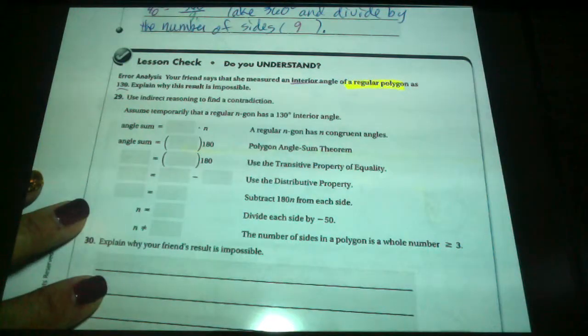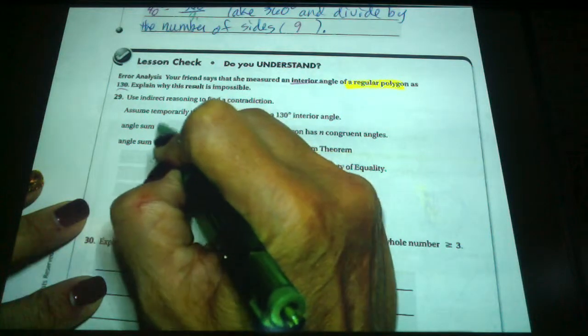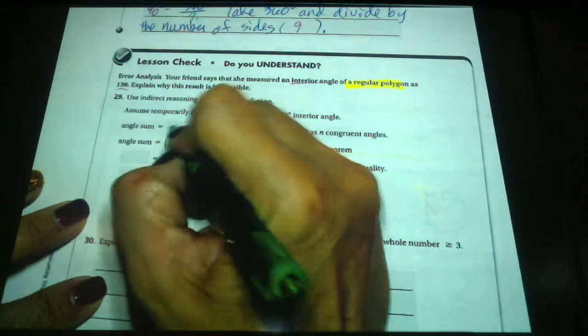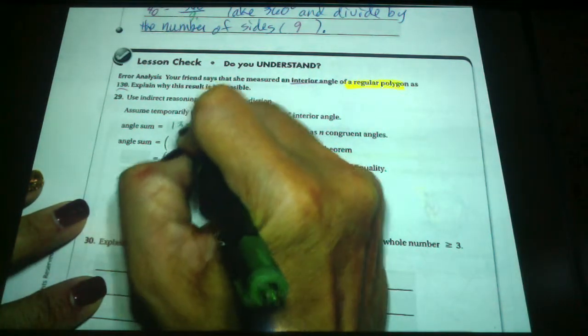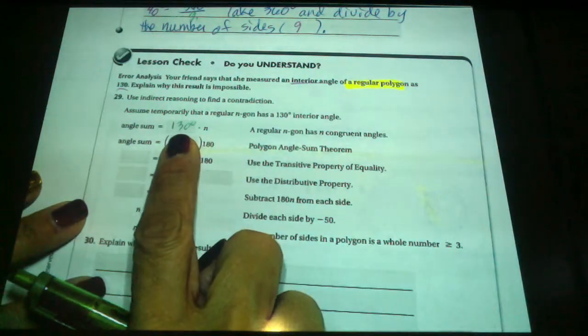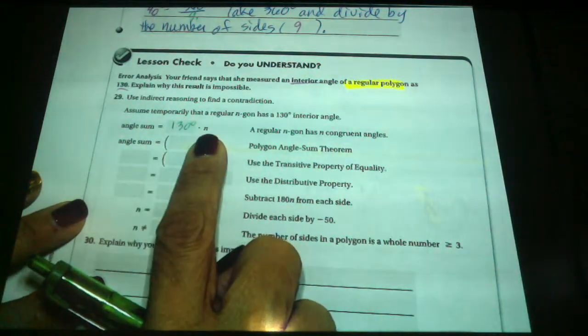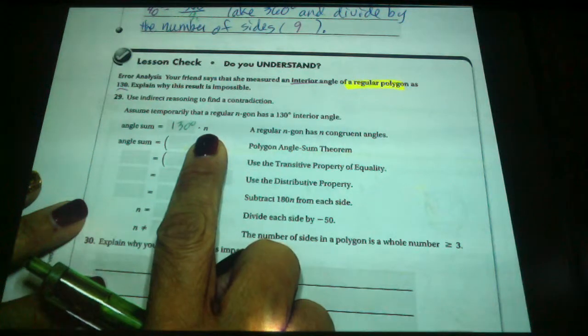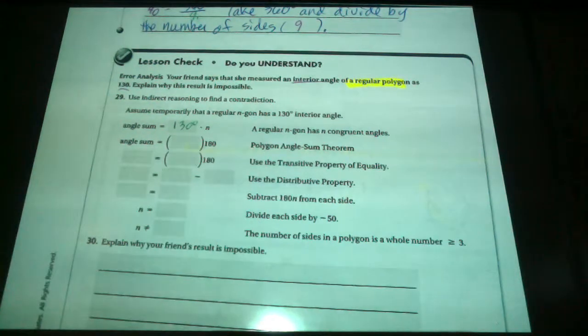But if we did know the number of sides, to find the total angles on the inside of the polygon, wouldn't you take 130 degrees, each interior angle, and multiply it by the number of sides? Would that give us the total amount that the interior angles add up to?